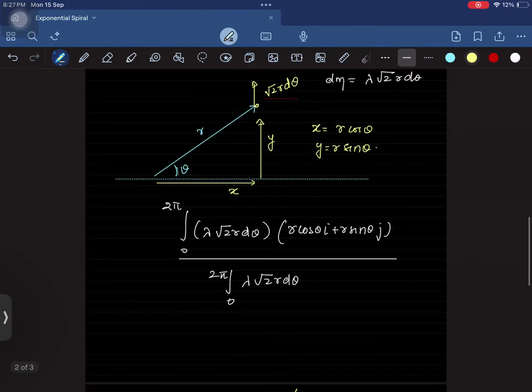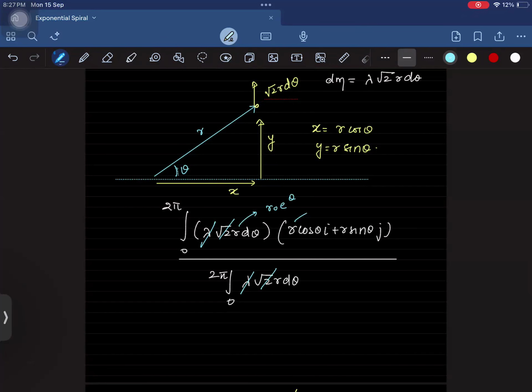So here lambda and root 2 will get cancelled out. We can substitute r to be equal to r naught e to the power theta. Here also r is equal to r naught e to the power theta. Similarly here also.